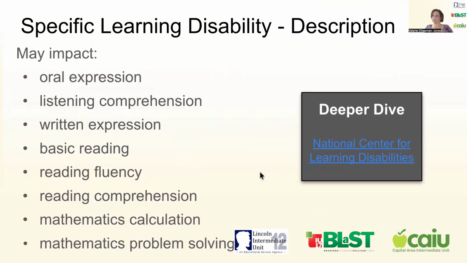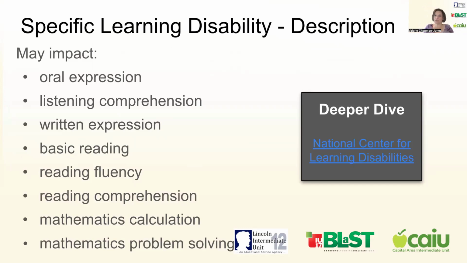Here is a description of specific learning disability, and we're going to follow a pattern throughout this presentation. You're going to have the definition of the disability category and then a description so you can learn a little bit more about it. Now, you can have a specific learning disability in a lot of different areas, and students may just have it in one of these areas, but for many students, they have a specific learning disability in multiple areas.